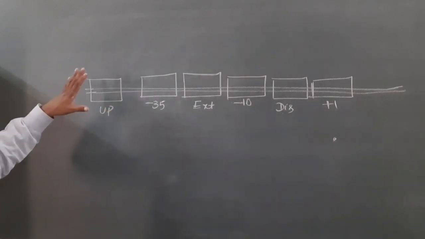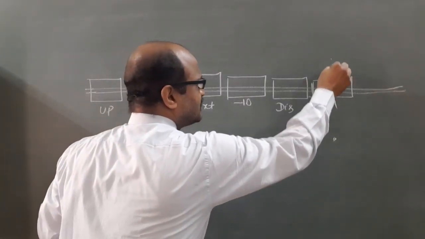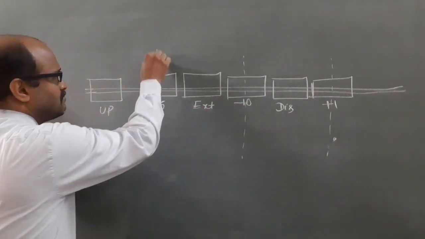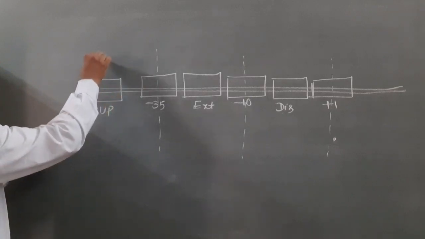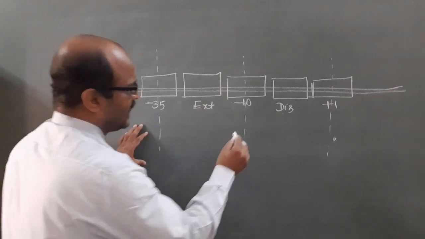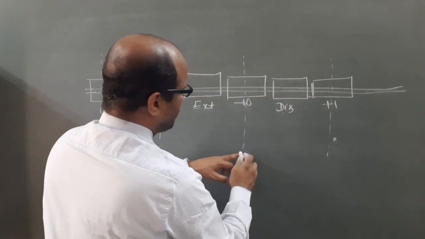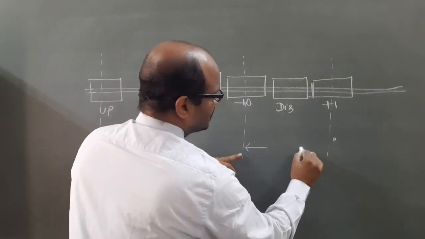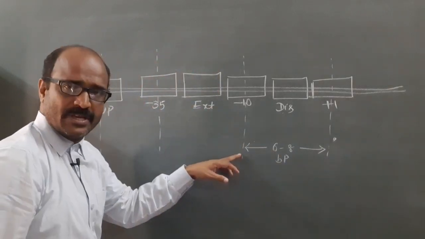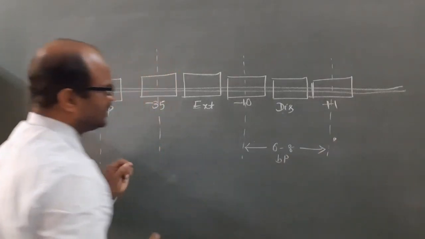So here, as you see, this is the start region, this is the Tata box region, this is the -35 element, and this is the up element. Okay. Suppose that between the start region and the Tata box region, the distance is 6 to 8 base pair, as I told, and this is also known as the spacer nucleotide.